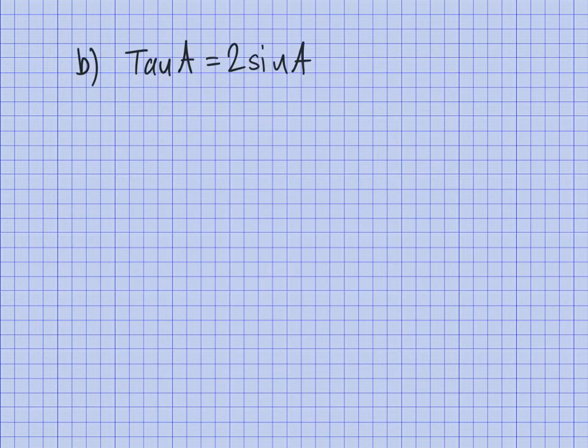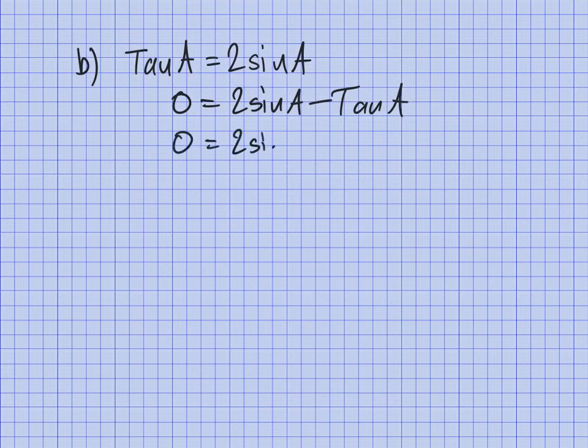We're asked to solve tan A equals 2 sine A. So I'm going to start off by getting everything onto one side. So 0 equals 2 sine A minus tan A. Easy enough. I'd like to rewrite this so that everything is in sines and cosines.